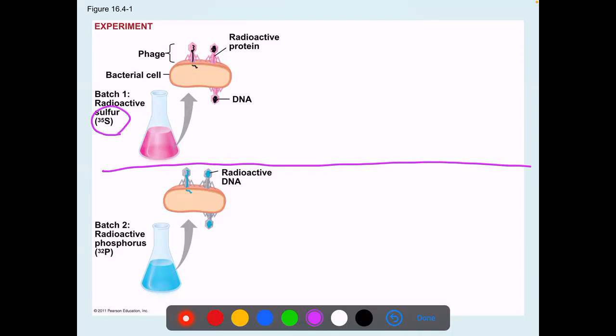Only protein has sulfur, but DNA has no sulfur atom. And the other one is labeled with P32, somehow, in phages.